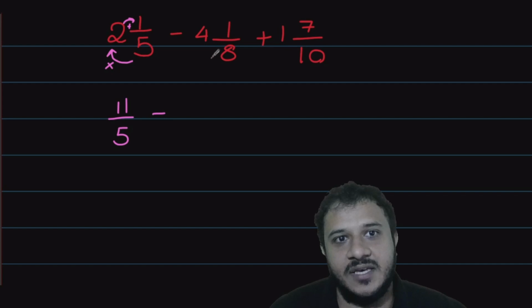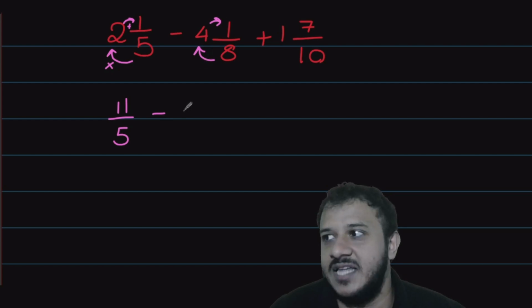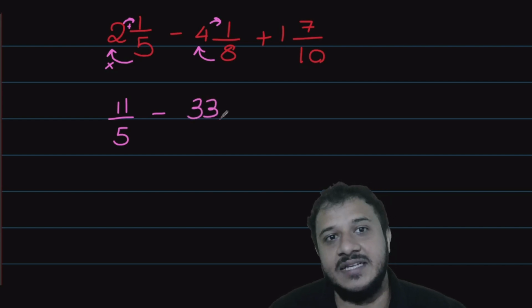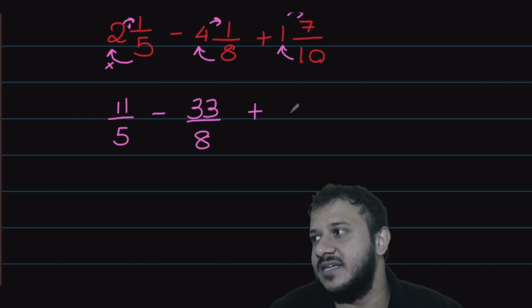Minus, what will this be? 8 times 4 plus 1, how much is that? That's 32 plus 1, 33. 33 out of 8. Plus 10 times 1 is 10, plus 7 is 17. 17 out of 10.